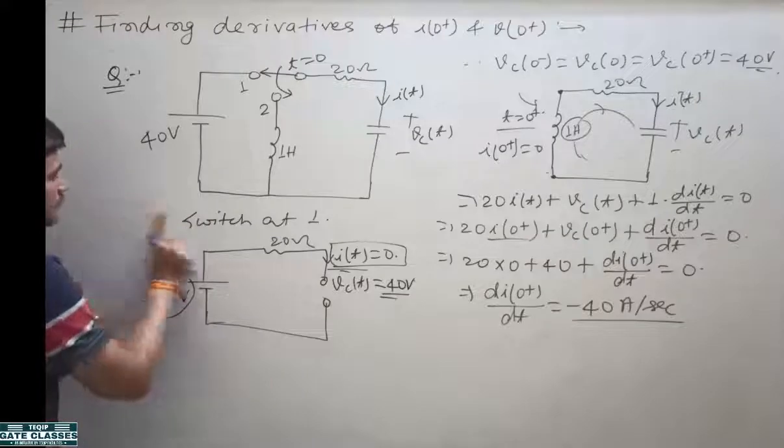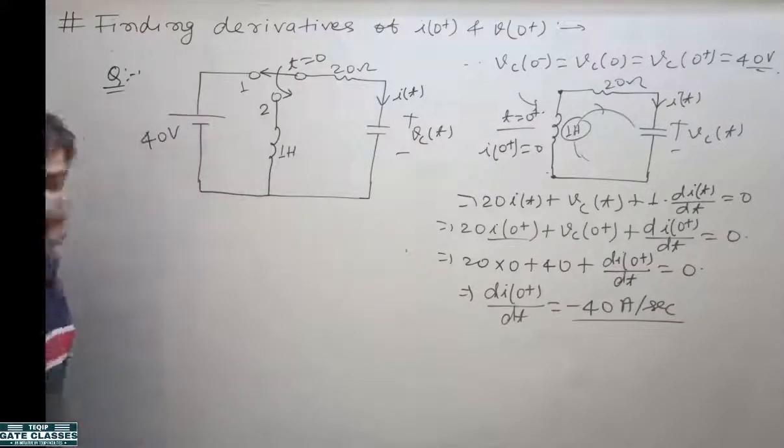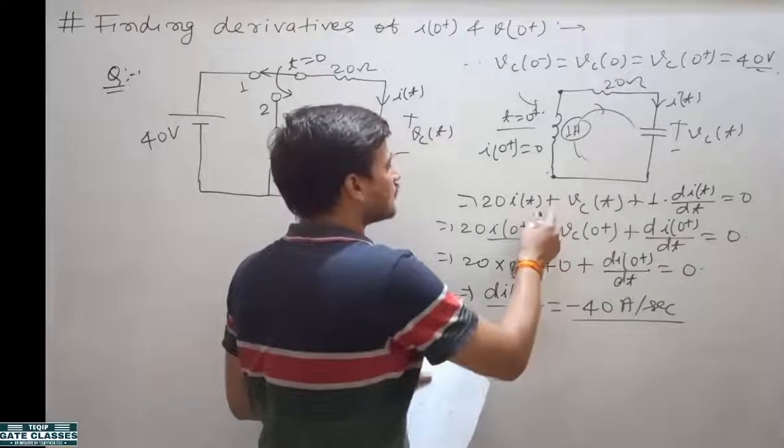Next we have to write d²i/dt². For d²i/dt², what will you do? We'll have to differentiate this one.